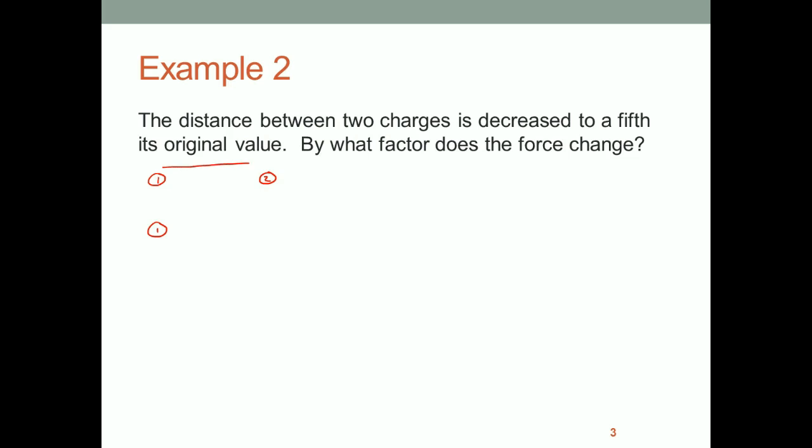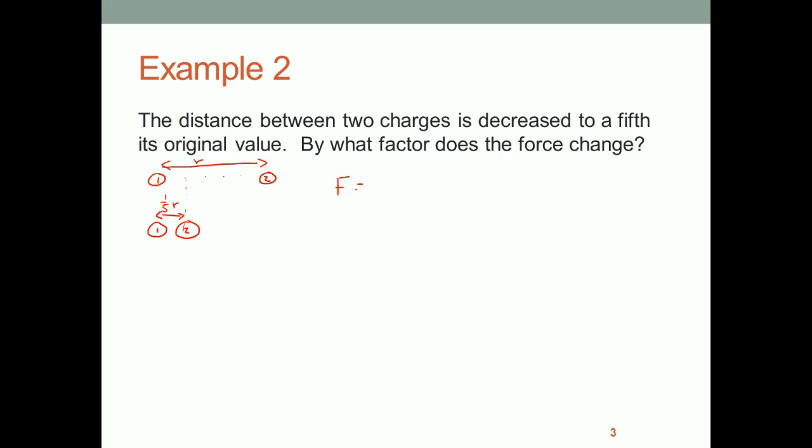They're originally separated by r, and now I have to figure out how to divide this in 5. Let's see, 1, 2, 3, 4. That does it. So the new r is roughly here. So it's 1/5 our original distance.